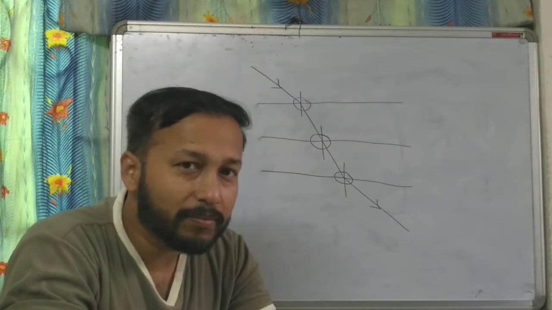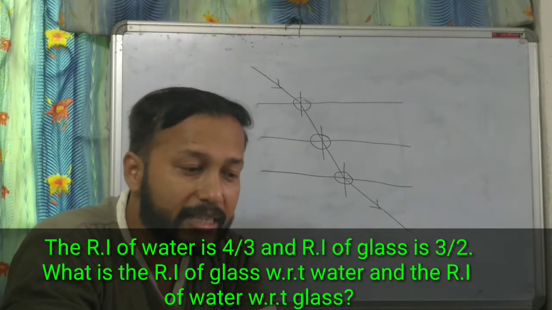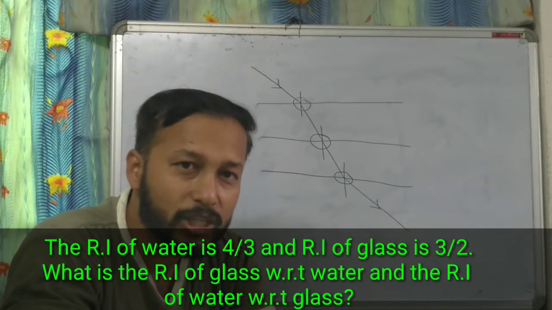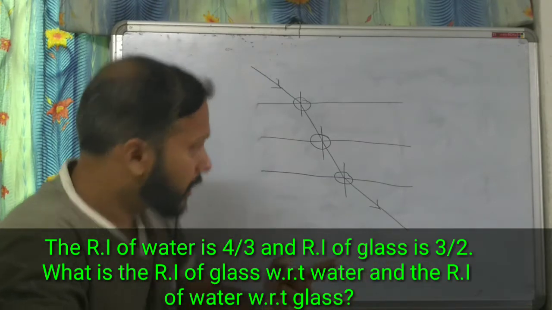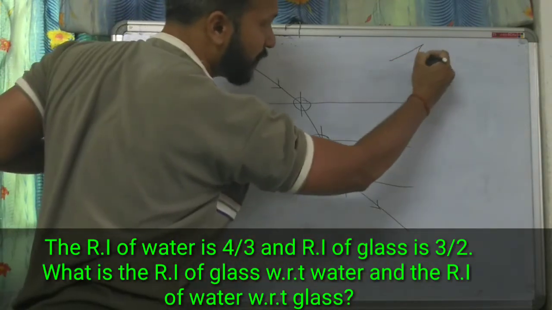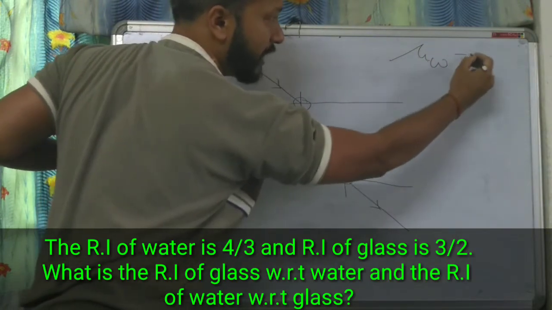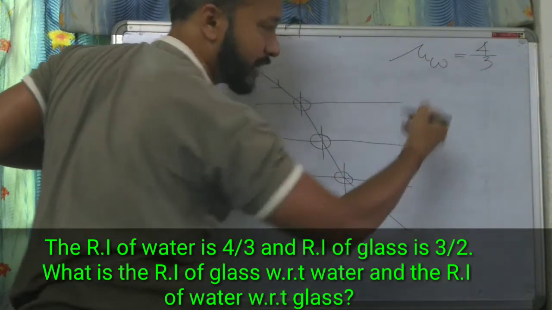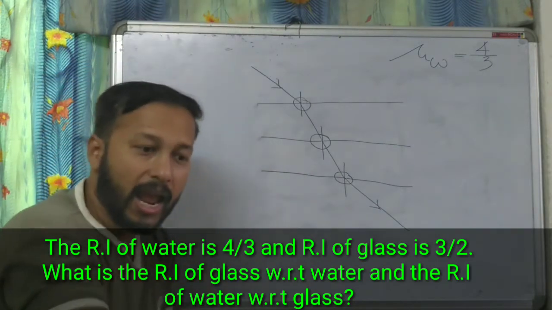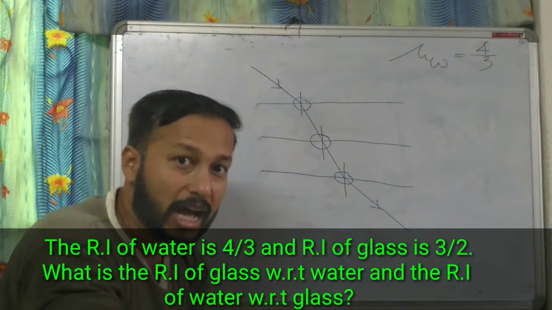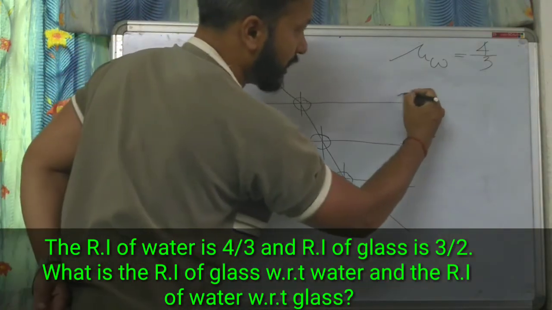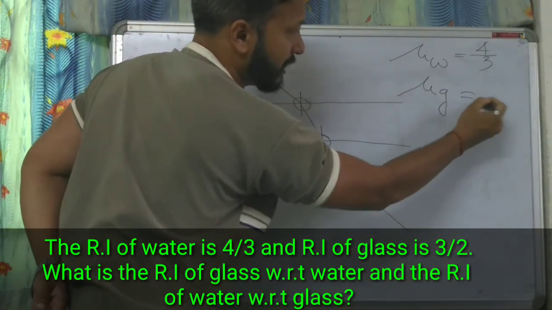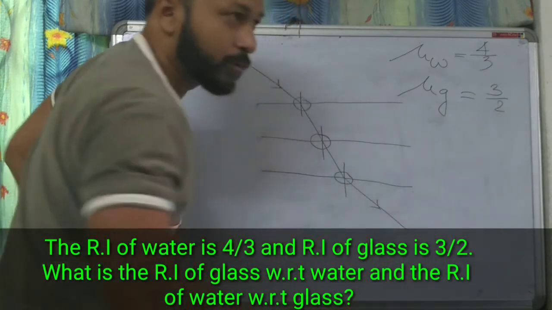See the numerical. The refractive index of water is given as 4/3, and the refractive index of glass is 3/2.